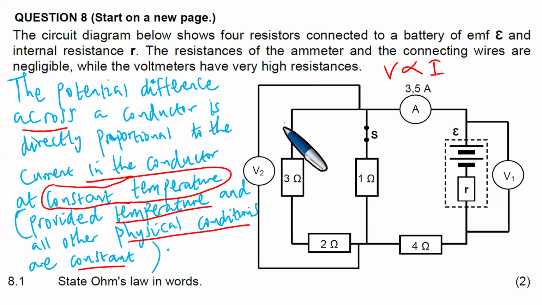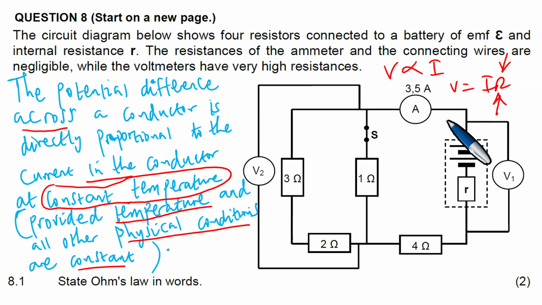Because in Ohm's law, you know that V equals IR. What is this R? R is the proportionality constant. So R is a constant, and if ever R is not constant, then we do not have the law.